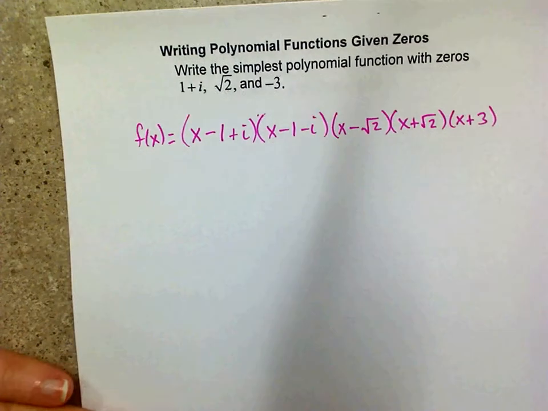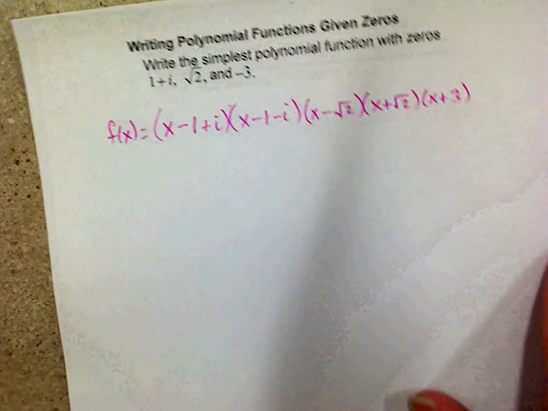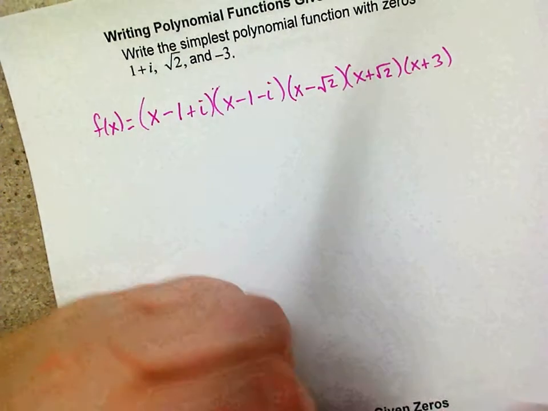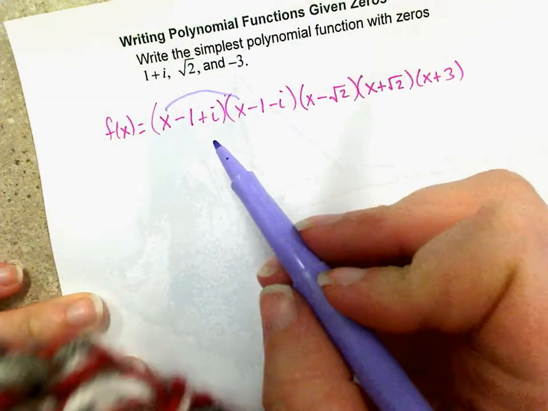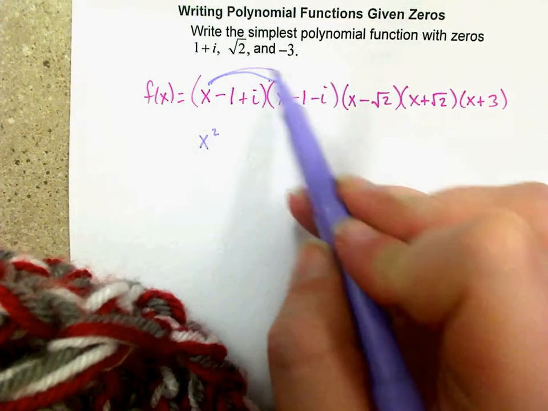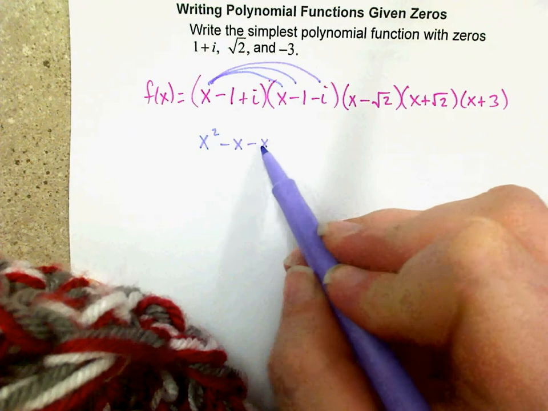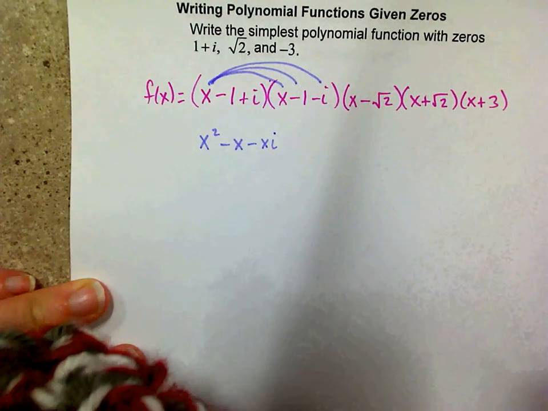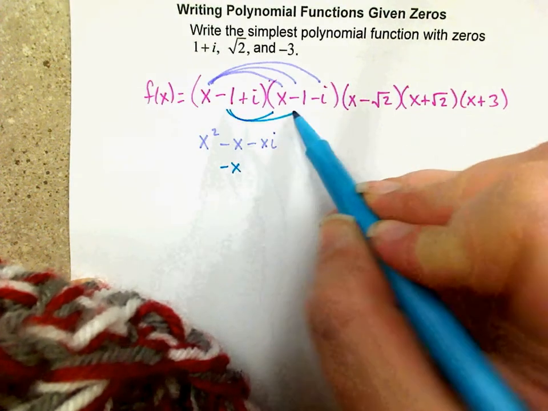And so we start multiplying. So I've got, distribute the x first. x times x is x squared. x times negative 1 is negative x, and x times negative i is negative xi. Okay, I'm going to distribute the negative 1. Negative 1 times x is a negative x. Negative 1 times negative 1 is a positive 1.